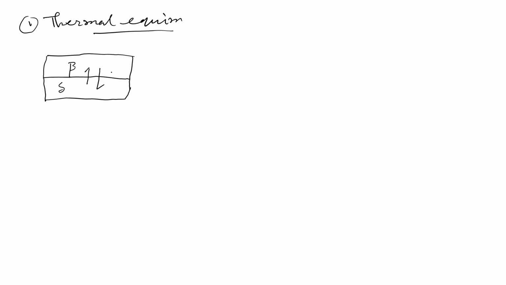Now thermal equilibrium means, at thermal equilibrium, the temperature of these two phases, say this phase my temperature is T beta, and for this phase temperature is T delta. So at thermal equilibrium the temperature of this beta phase must be equal to the temperature of the delta phase.